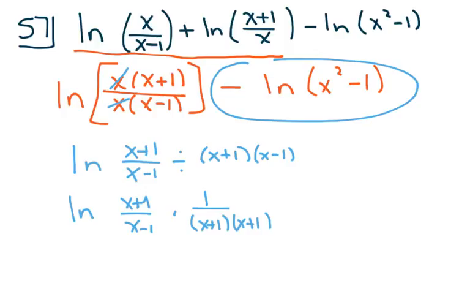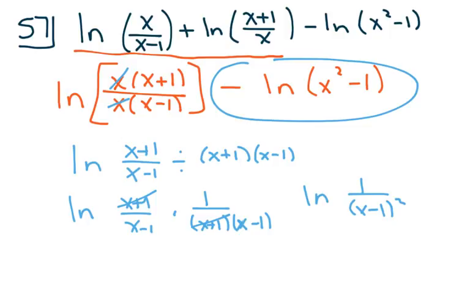So what happens here is, one of these is minus, so x minus 1. So the plus 1's cancel, and what you're going to get, which one is this, 57? You're going to get natural log of 1 over x minus 1 squared.